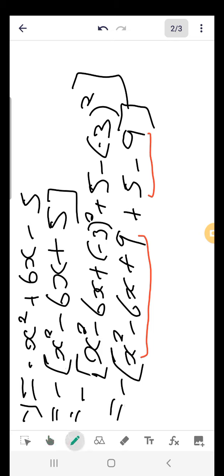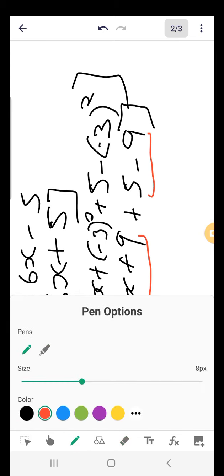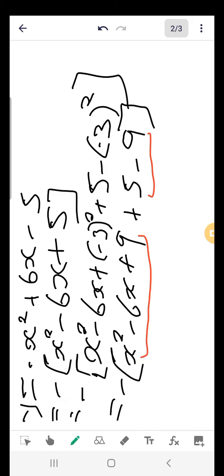Alright, now let us quickly continue to save time. Let us go back to our black pen. Now we say x squared is equal to a negative sign on the outside into x.